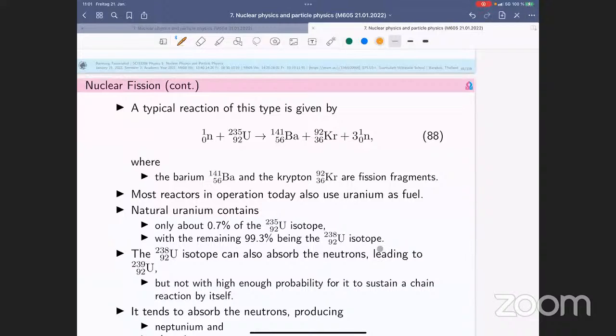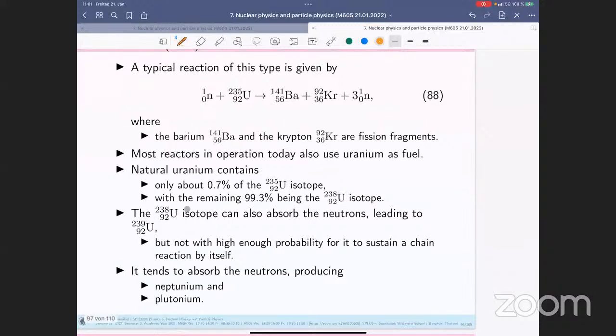So, yeah, what could we do? The one that is useful in nuclear fission is this one, which is a rare isotope from the natural uranium. The 238 isotope of uranium can absorb the neutrons, but it becomes the bigger uranium, 239, with a bigger nucleus, and it doesn't have enough property to sustain a chain reaction by itself.